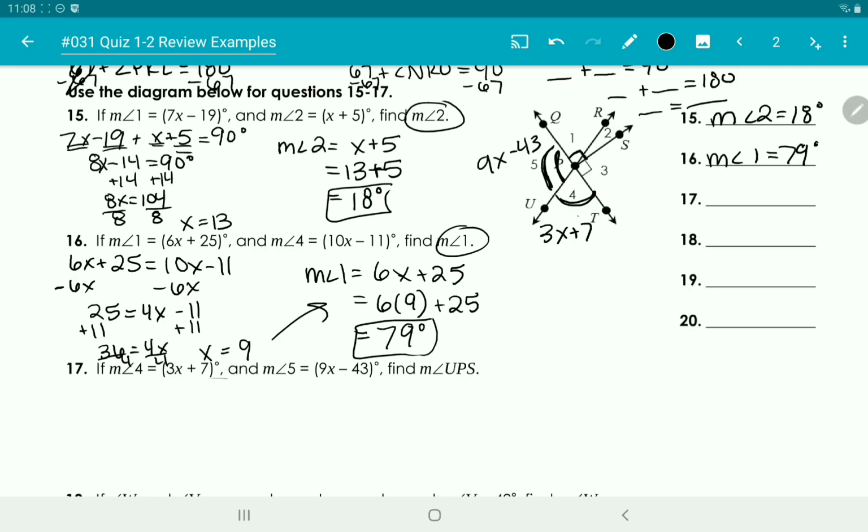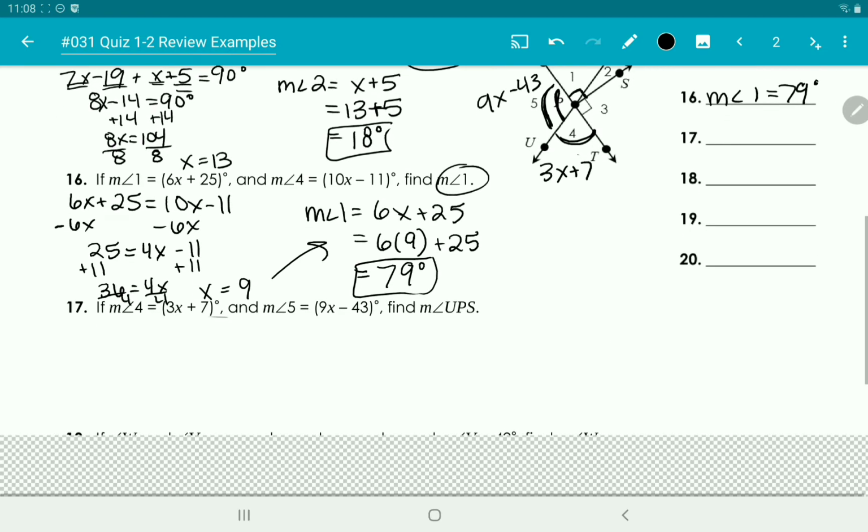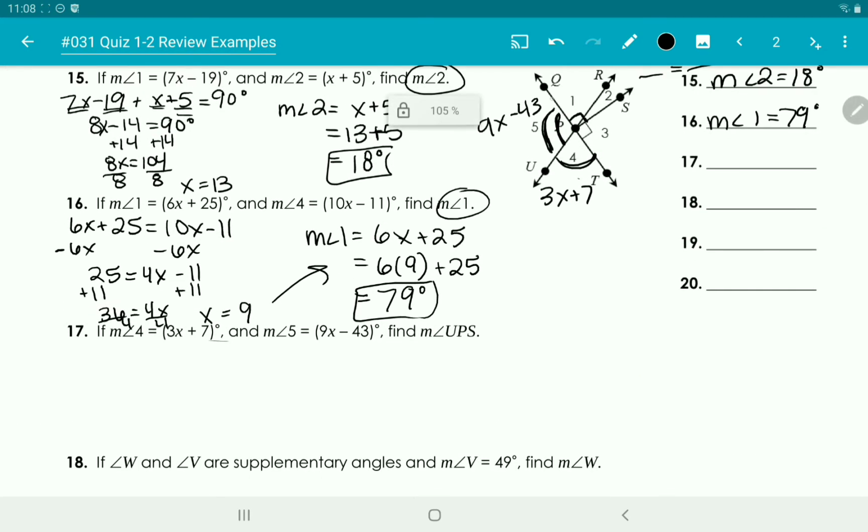They don't add to give you a 90-degree angle. You can see that they're clearly bigger than a right angle or a corner. But you can see that they do make up a straight line. So you're going to do blank plus blank equals 180 because it makes a straight line. So we have this 3x plus 7 plus the other one, 9x minus 43, equals 180.